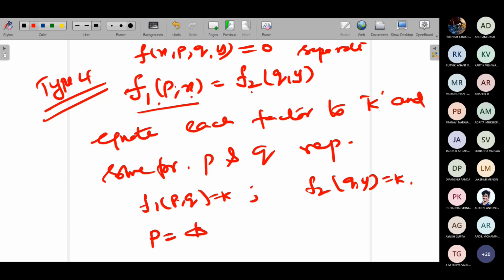So p will be some function pi 1 of k comma x, and q will be some function pi 2 of k comma y.